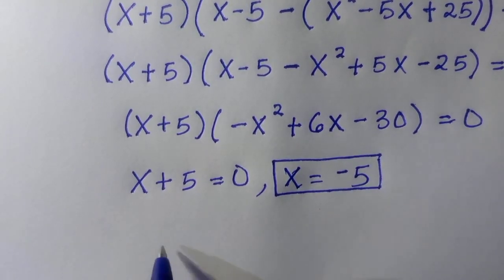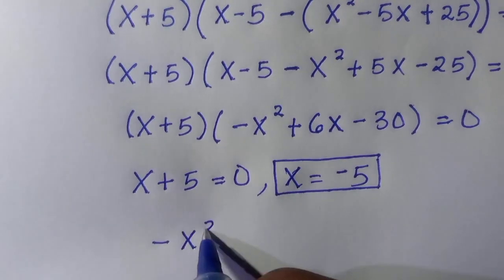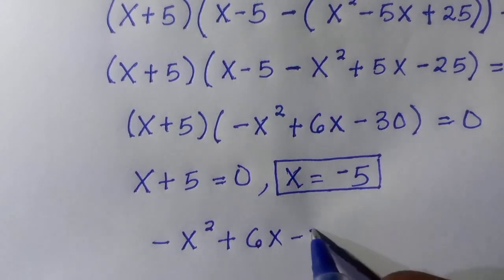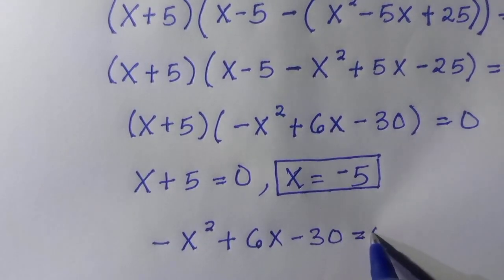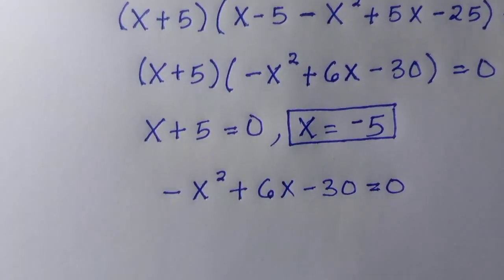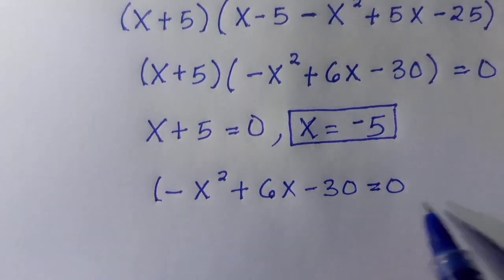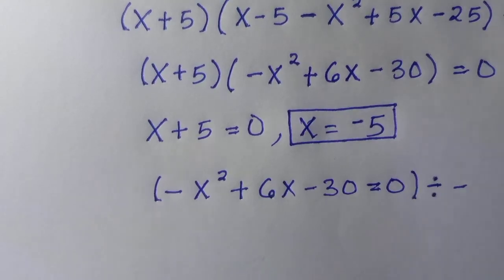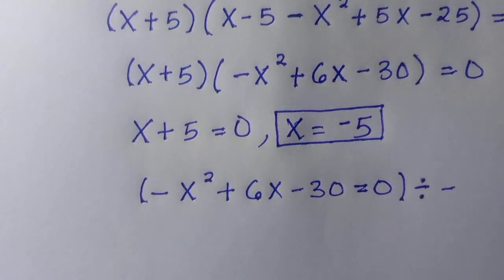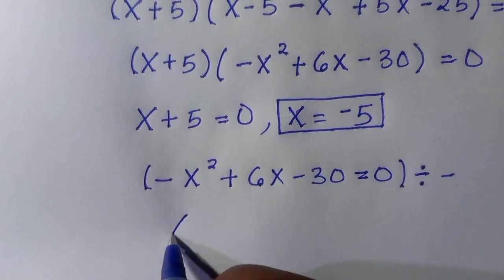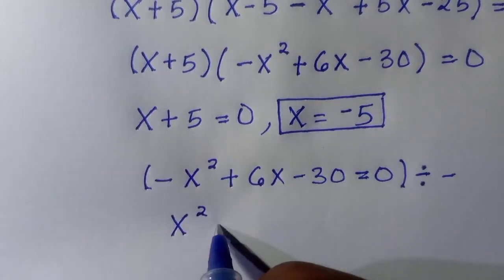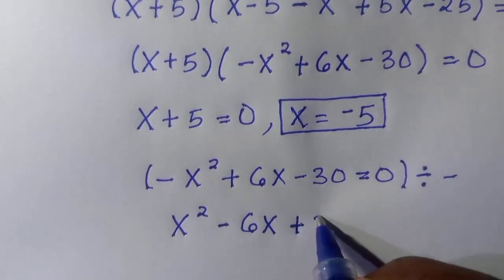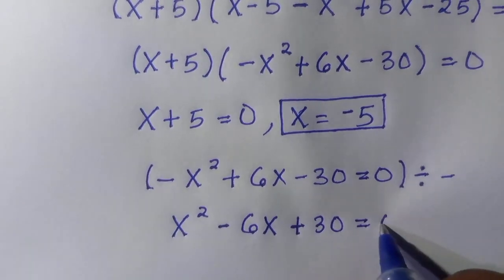Also, when we consider minus x to the power of 2 plus 6x minus 30 equals 0. So if I close the parenthesis for this and divide the whole of this result with negative, so that we have positive starting this equation, so we have x squared minus 6x plus 30 equals 0.